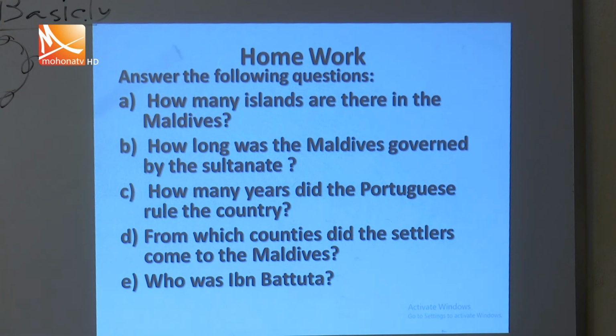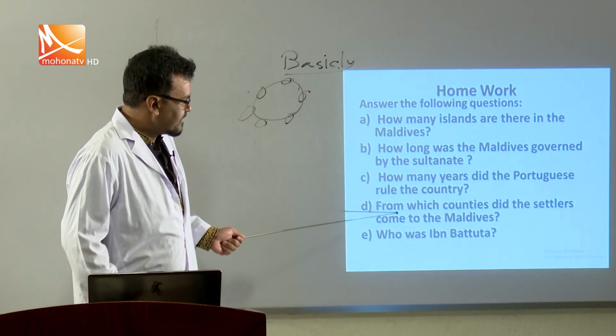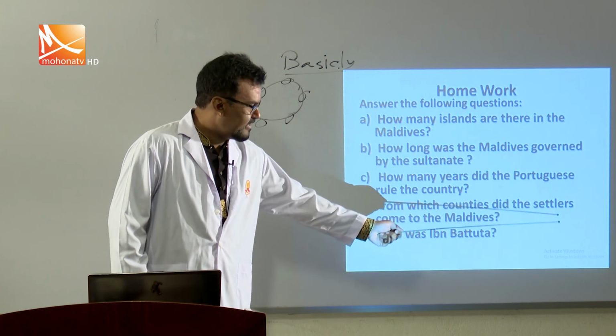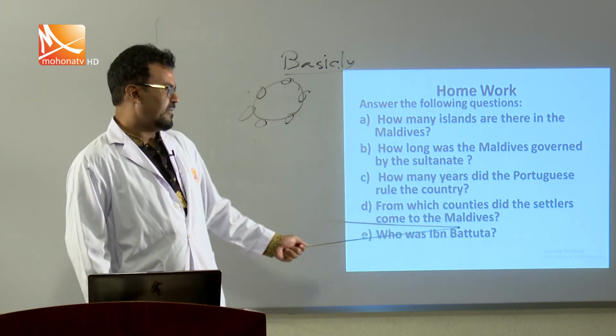You will find out a particular year, a particular time, length of years. And how many years did the Portuguese rule the country? And number D, from which countries did the settlers come to Maldives?